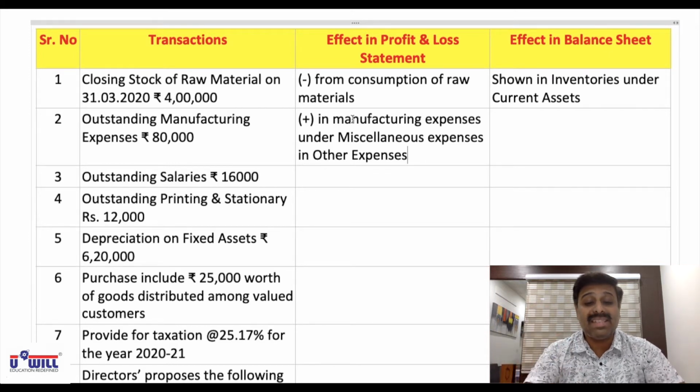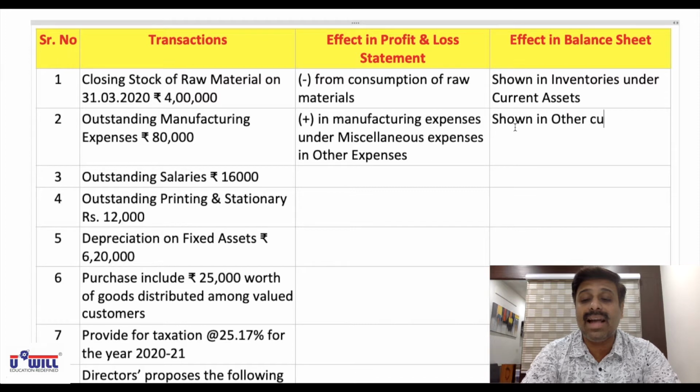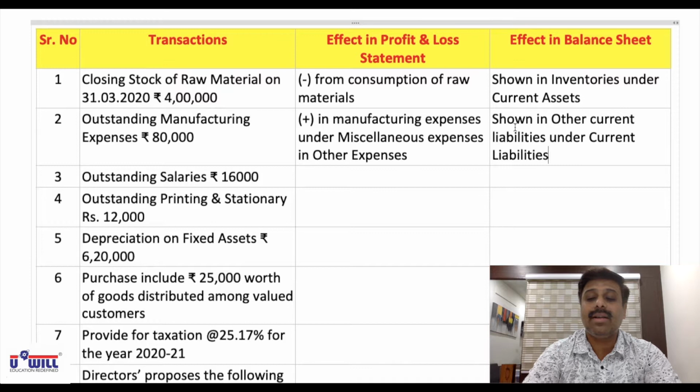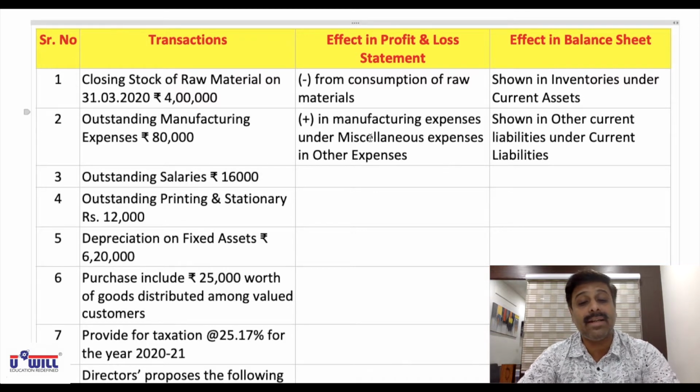In that we write miscellaneous expenses, and in miscellaneous expenses we will add in manufacturing expenses. And second effect, it will be shown in other current liabilities under the heading of current liabilities. Within current liabilities we have the heading of other current liabilities.